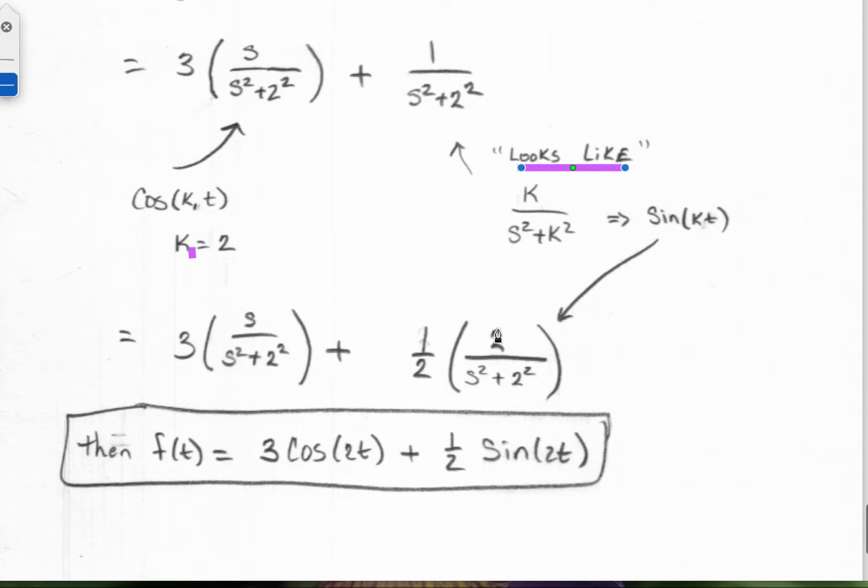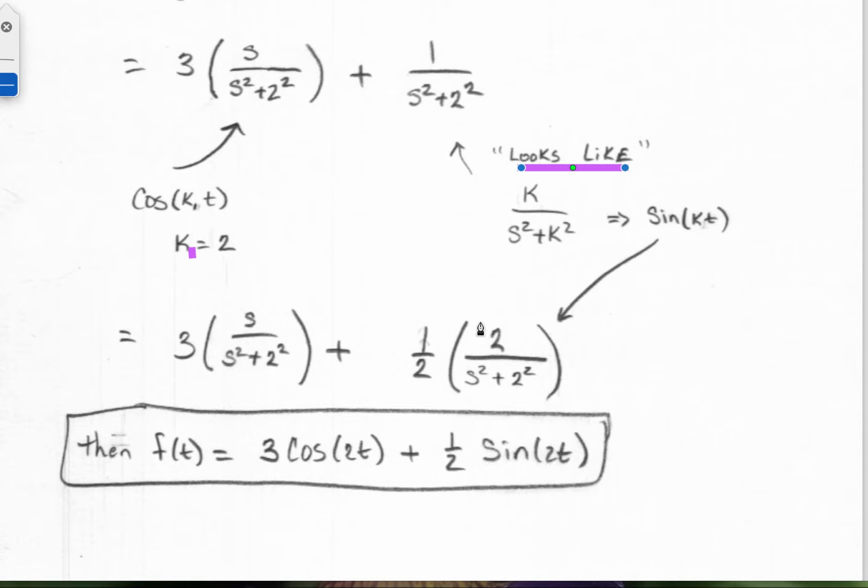And if I put a 2 right there, in order not to change anything, I also have to divide by 2. So this is one of these cases where I multiplied by a clever 1, and that clever 1 is 2 over 2. So now I have sine of kt because I have 2 over s squared plus 2 squared.